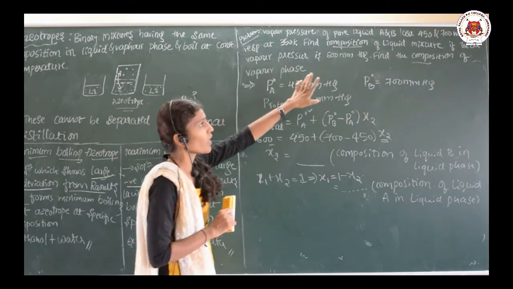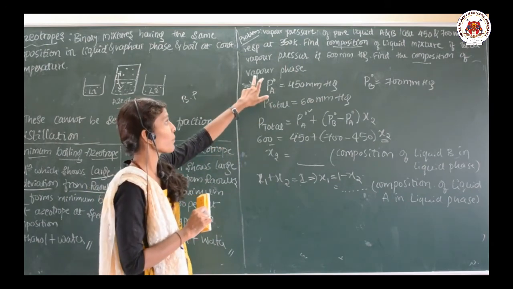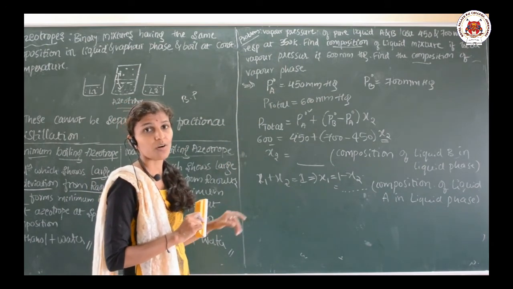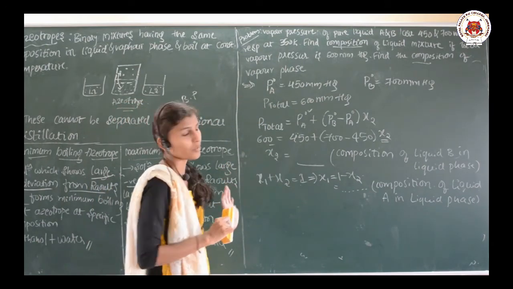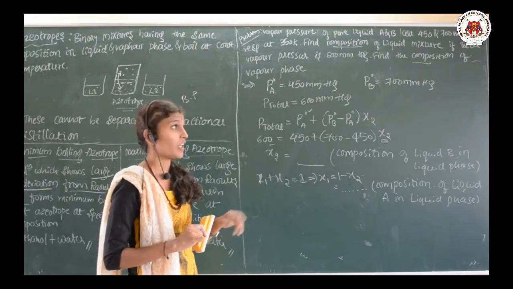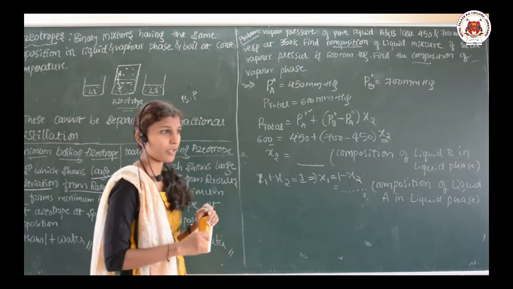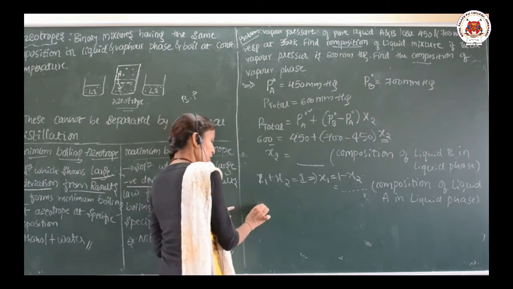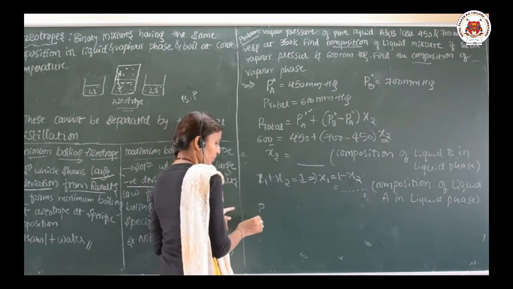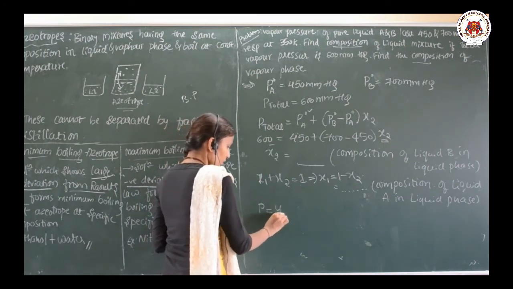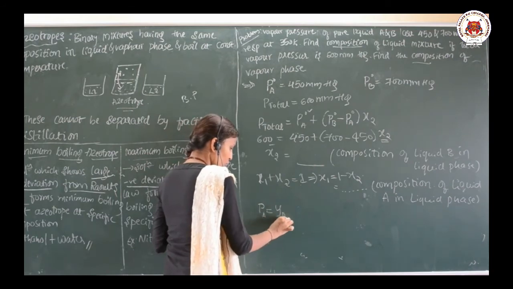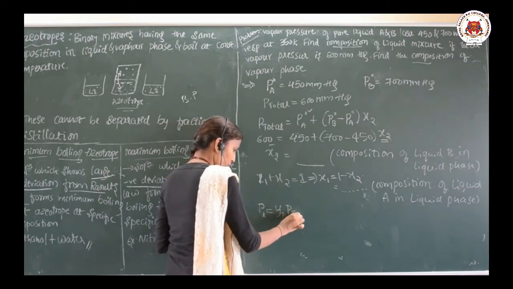So we have to find out the composition in vapor phase, but we got the composition in liquid phase. We need to find out the composition in vapor phase. So the composition in vapor phase can be PA is equals to YA into P total.